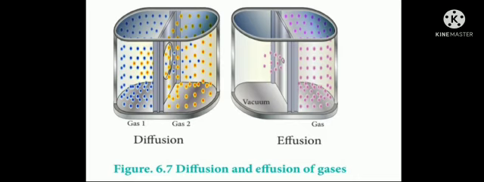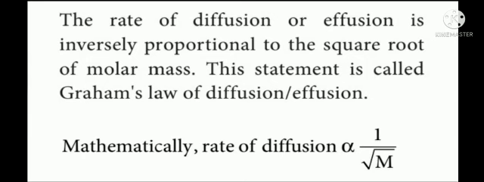Next, effusion. Gas molecules in a container which move through a small hole is called effusion. It is shown in the second picture. Hence, these two pictures explain diffusion and effusion of gases.